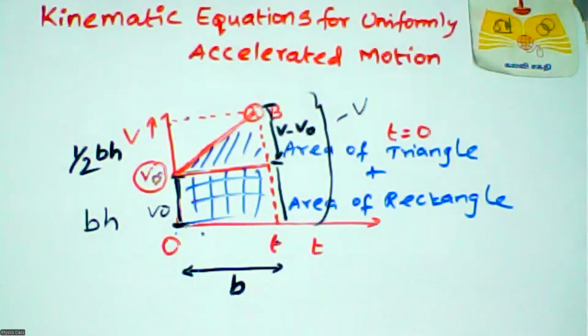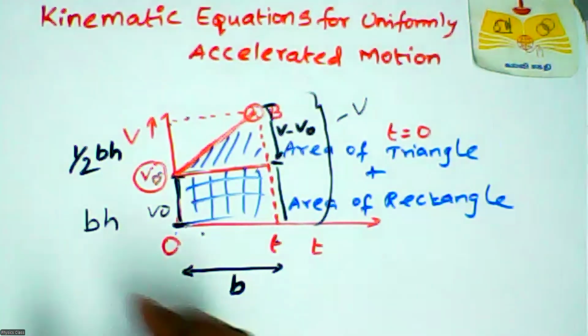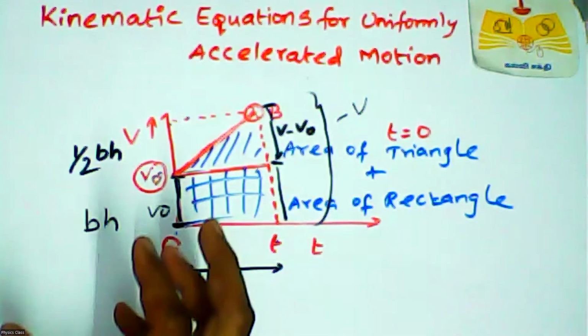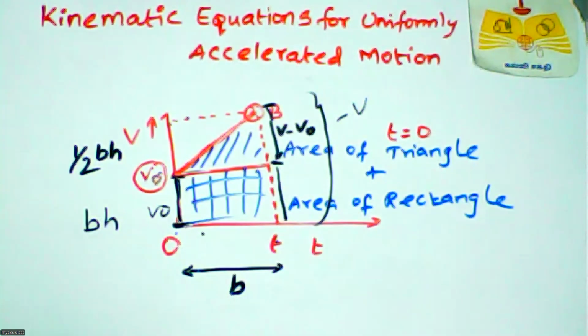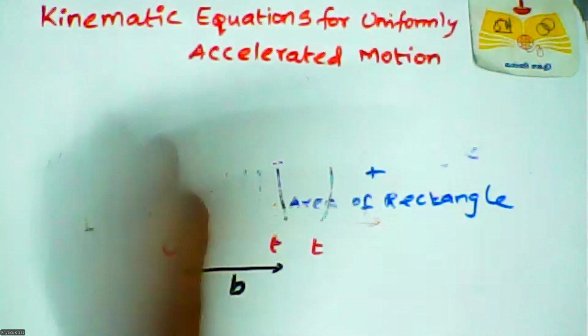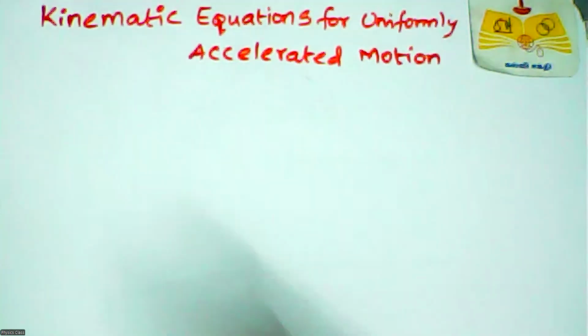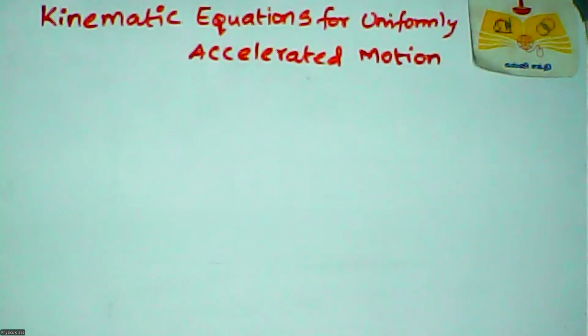Okay. So now we have to find total displacement of that object. So we have to add area of the triangle plus area of the rectangle.